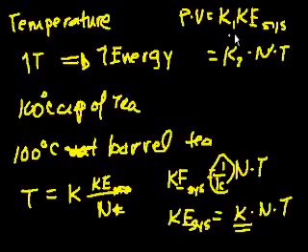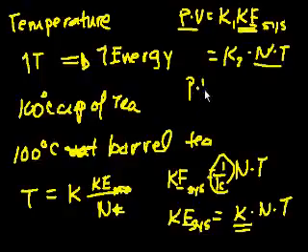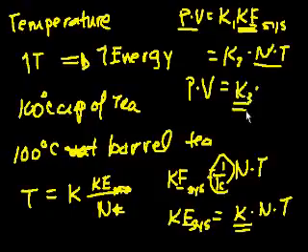So if you think about it, you could also say that this is proportional to this, and this is proportional to this. So you could say that pressure times volume is proportional to the number, and these are all different proportional constants. We'll figure out this exact constant later. But we could say that pressure times volume is proportional to the number of molecules we have times temperature.